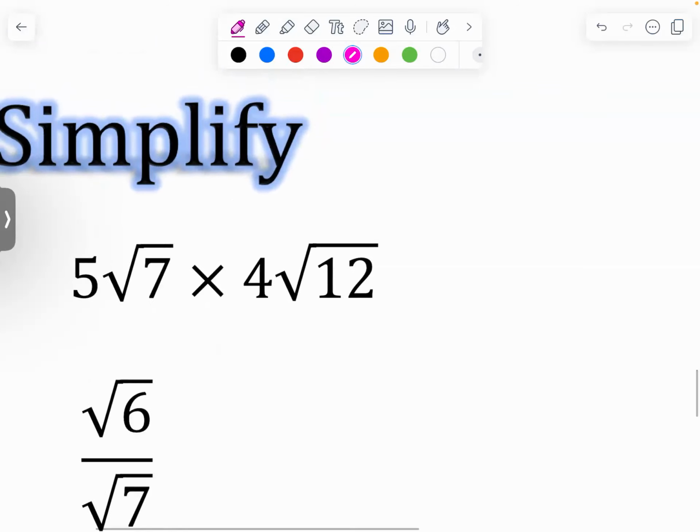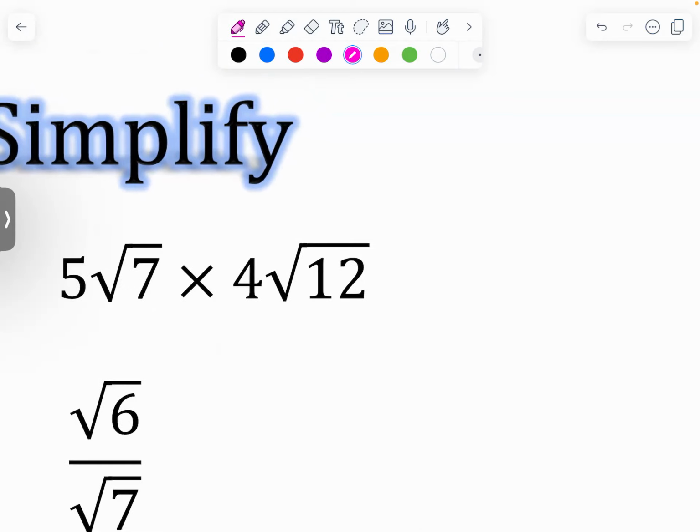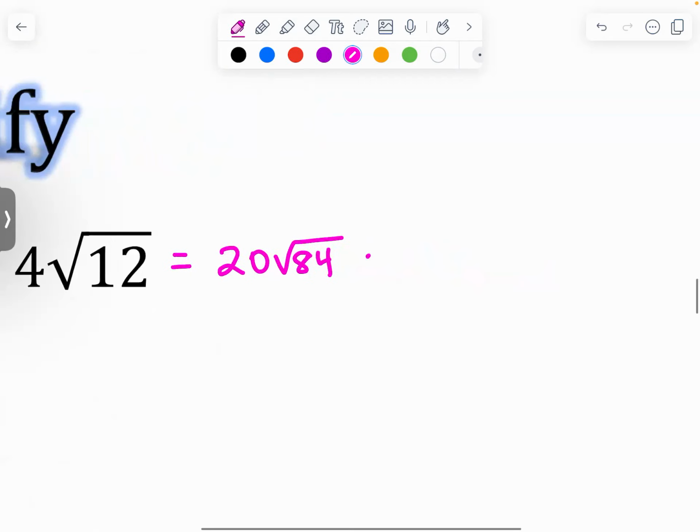Okay. So let's talk about it. It looks like the first one went okay because we multiplied the 5 and 4 to get 20. We multiplied the 7 and 12 to get 84. And then we broke up the 84 to be 4 times 21.